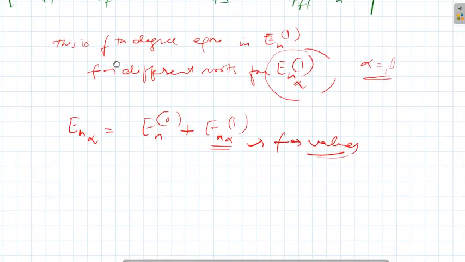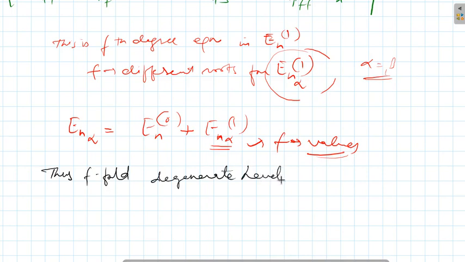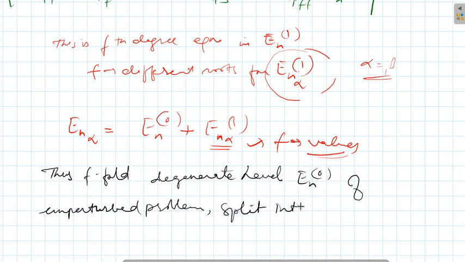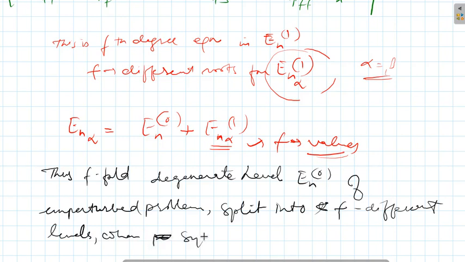So in a nutshell, I can say that the F-fold degenerate level En0 of the unperturbed problem splits into F different levels when perturbation is applied, when the system is perturbed, right?